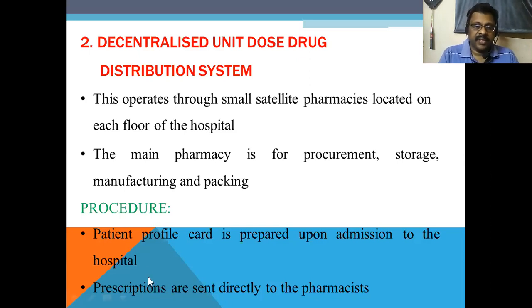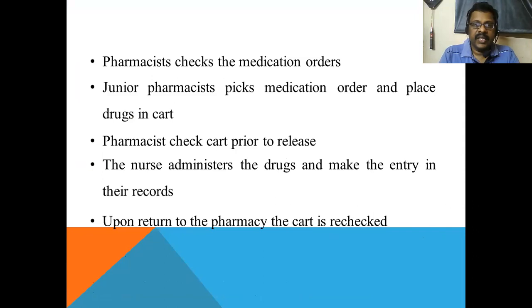The procedure is that a patient profile card is prepared upon admission to the hospital. So the patient profile card will be maintained, and prescriptions are sent directly to the pharmacist. It will be filed there, and the pharmacist checks the medication order and verifies any clarification by consulting the prescribing physician, and then accordingly a junior pharmacist picks the medications and order and places drugs in the cart.